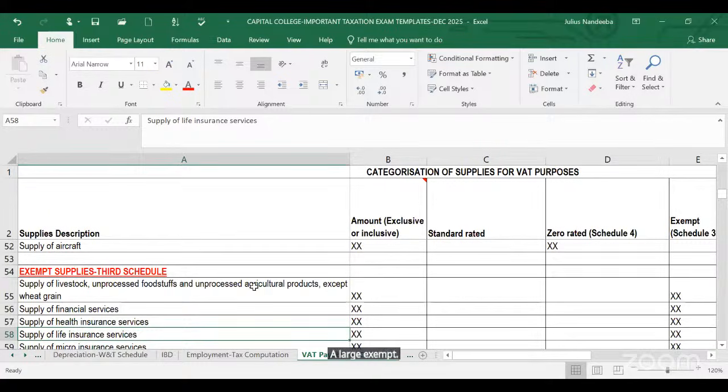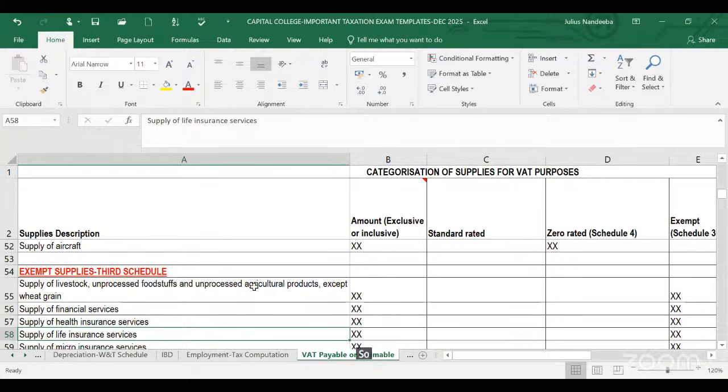What are the essential services that we're talking about? Health services are largely exempt. Educational services are largely exempt. Social welfare services are largely exempt.